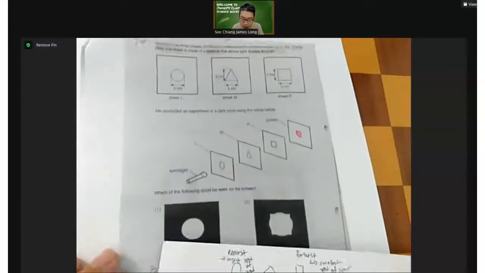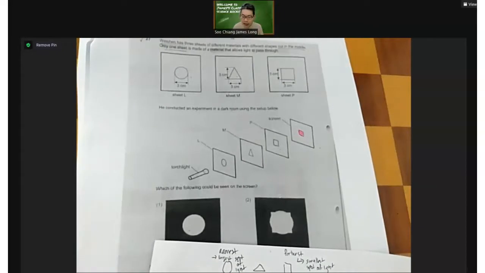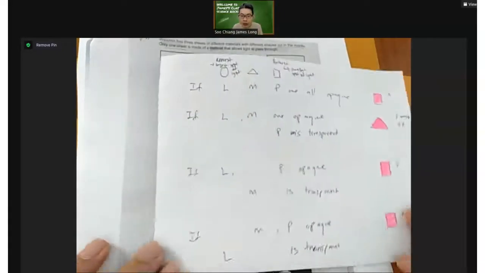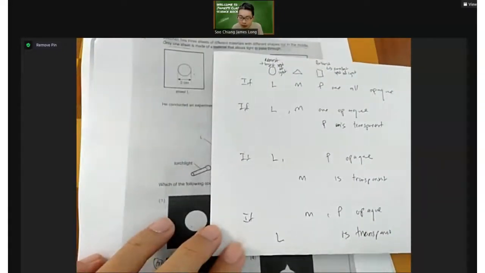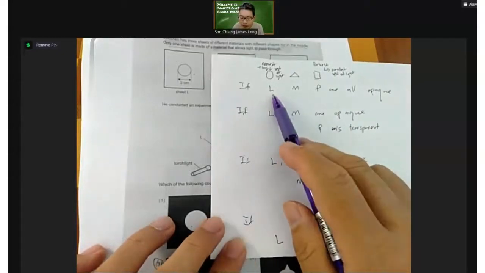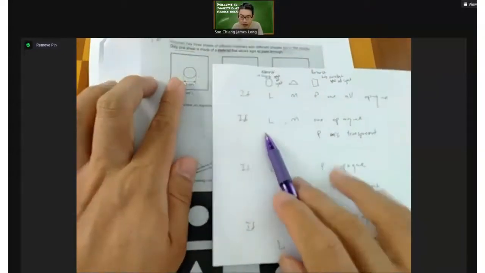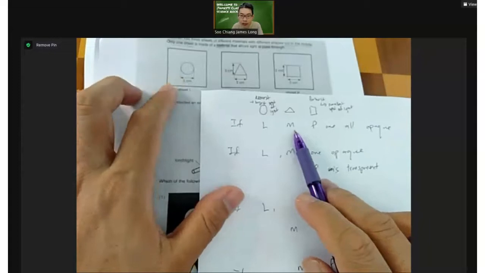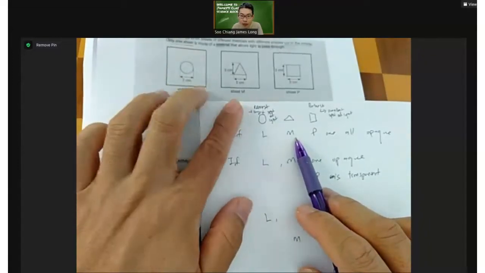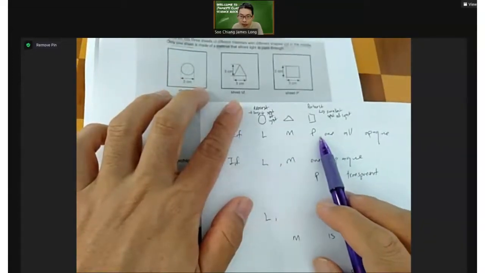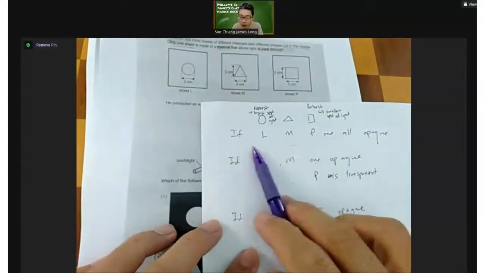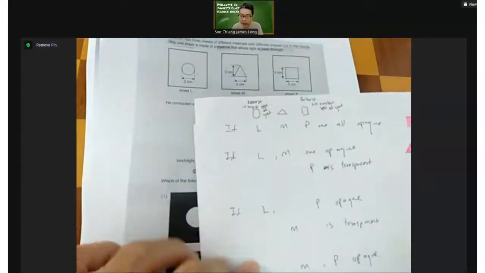So let's run through the scenarios. There are several possible scenarios. First one, maybe okay, L is the circular one, M is the square, N is a triangular hole, and P is the square hole. So if they are all opaque, we will get this.